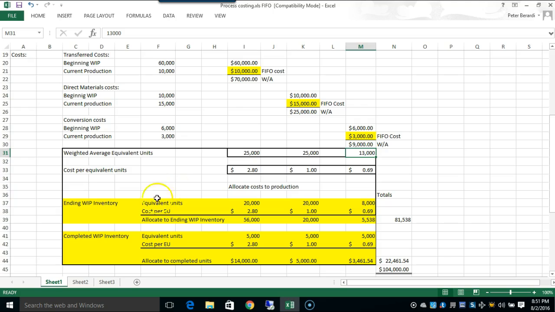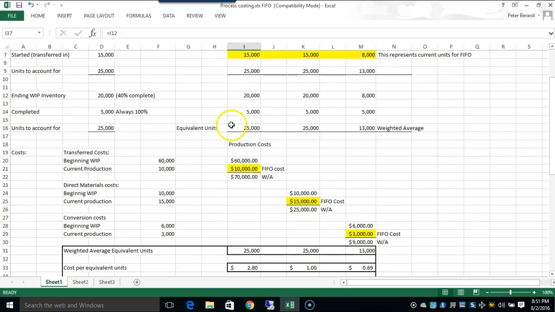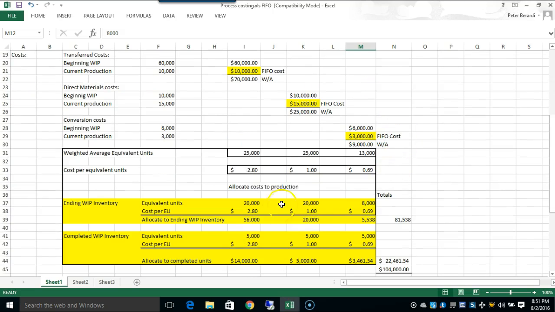Then allocate your cost to production. First, go to your ending WIP. Take your ending WIP equivalent units, which you calculated right here, and multiply them by your cost to get your total allocation to ending WIP. Completed.